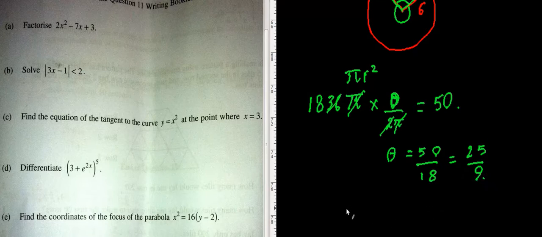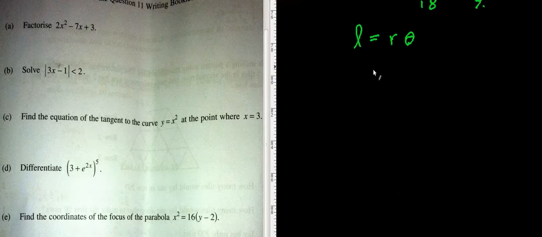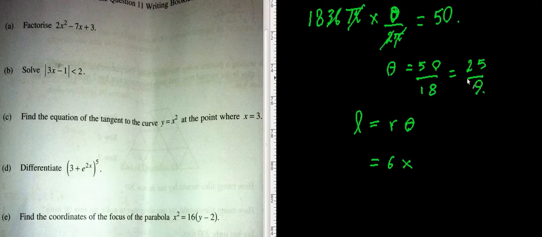Now if you remember, the length of an arc is r theta. I know r is 6, and I found theta up here, it's 25 on 9. Don't rush into getting your calculators. I can simplify this, so my length is going to be 50 on 3.